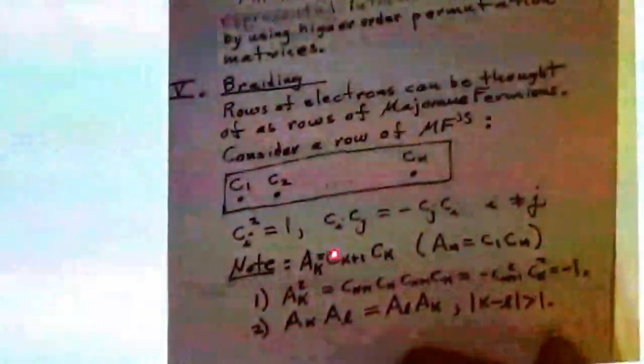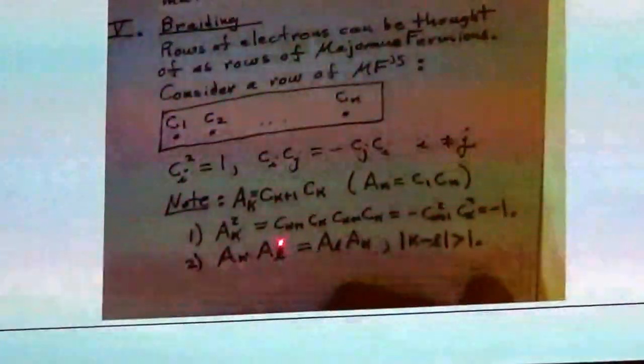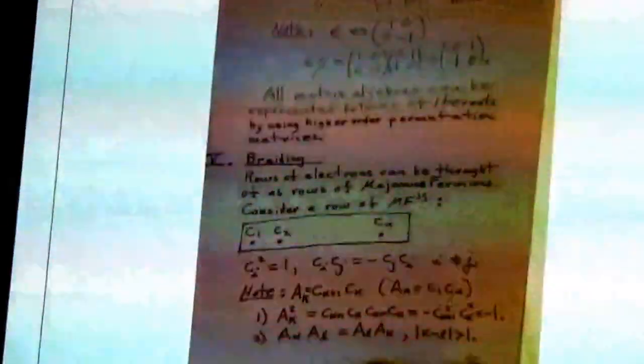Here's another square root of minus 1. Ak squared, you see what happened. Ck plus 1 Ck, Ck plus 1 Ck. Then you permute the two middle ones and you get Ck plus 1 squared, Ck squared, and a minus 1 from the switch of the 2 in the middle. So that squares to minus 1.